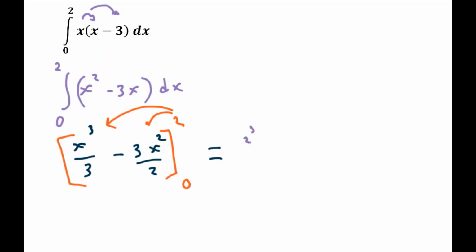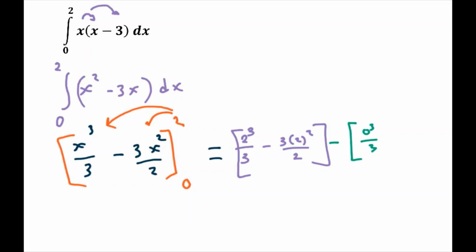2 cubed over 3 minus 3 times 2 squared over 2, minus 0 cubed over 3 minus 3 times 0 squared over 2.